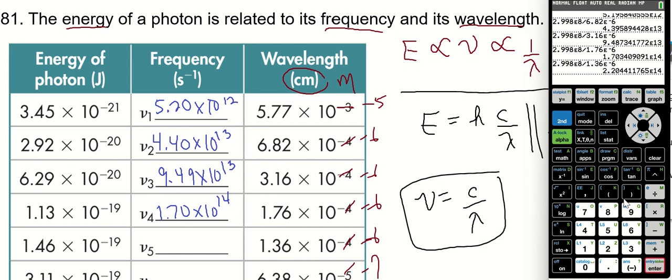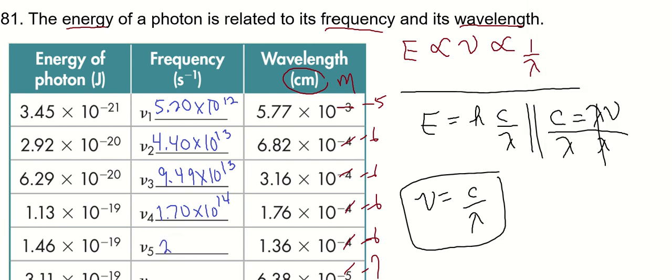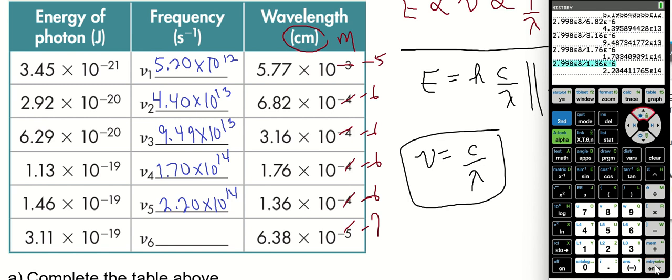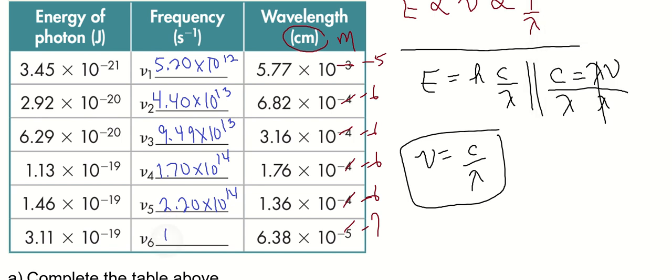And that's 2.20 times 10 to the 14 hertz, or per second. One more to go. Copy. This time I have to punch in the whole wavelength because the exponent is different here. 6.38 times 10 to the -7. 6.70 times 10 to the 14 hertz.